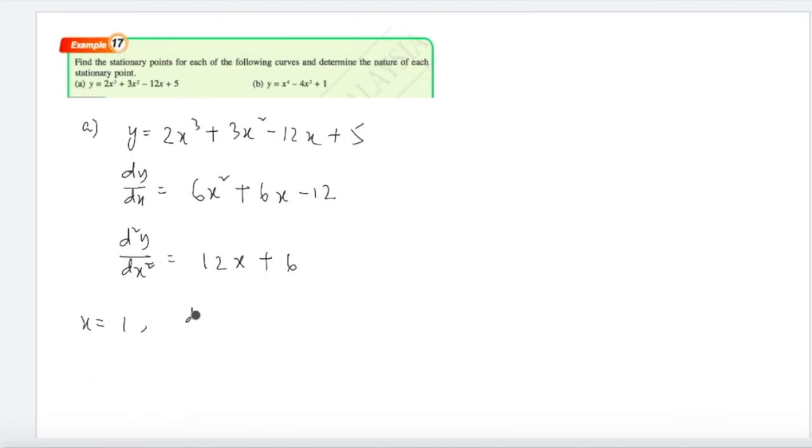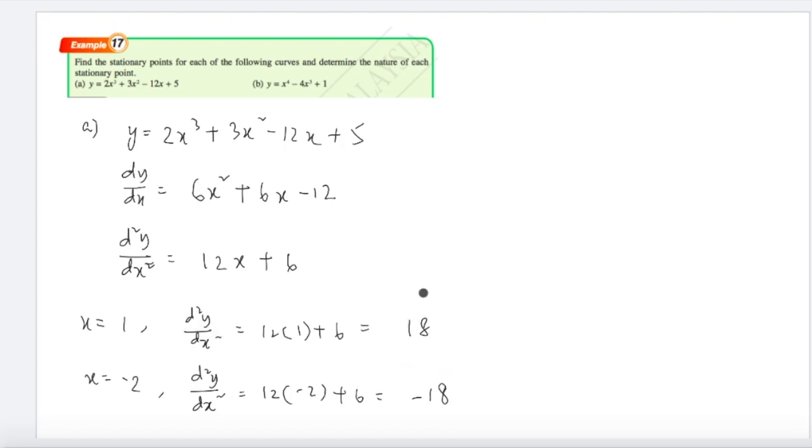When x equals 1, you will get positive. Another point, what is it? Negative 2. For d2y/dx2 at negative 2, you get a negative answer here. This one you will get positive, this one you will get negative.